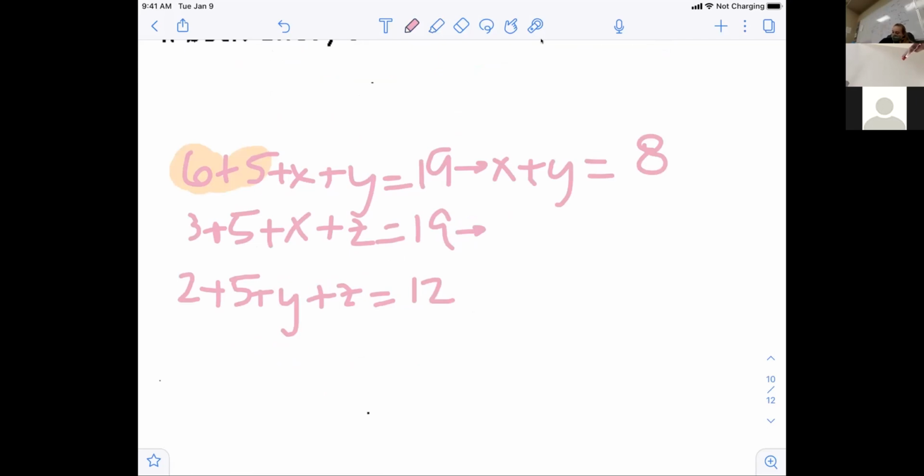The next one, it's 3 plus 5, which is 8, and 19 minus 8 is 11. So I've got X plus Z equals 11. Everyone see how I'm going from one equation to the other? And then the last one: 2 plus 5 is 7, and when I do 12 minus 7, I get 5. So Y plus Z equals 5.